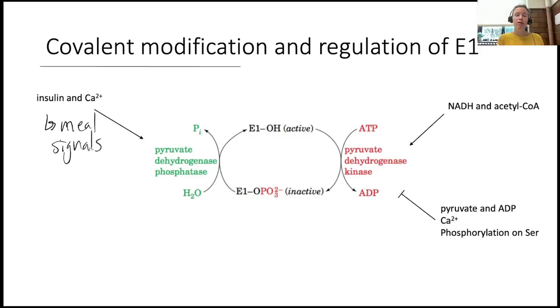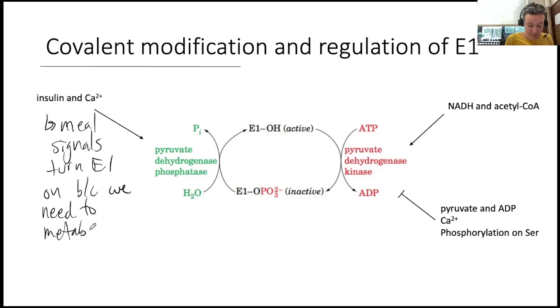So when you eat a meal, your levels of insulin rise to help you break down the glucose that you've just eaten. Additionally, we have a spike of calcium, again indicating that there is a need to break down the meal you just eaten and convert it into energy. So meal signals turn E1 on because we need to metabolize our meal that we just ate.